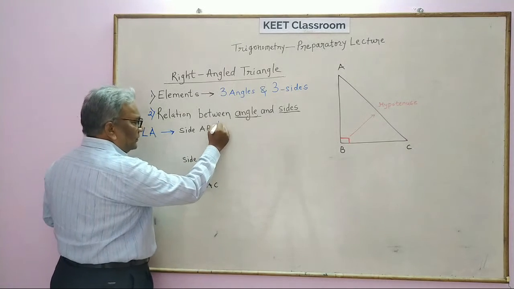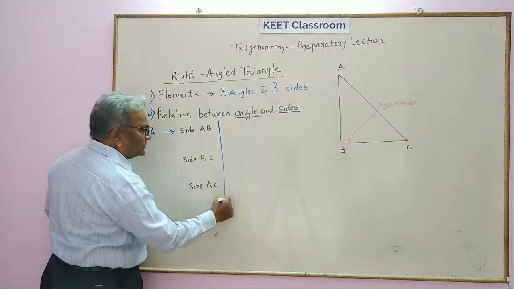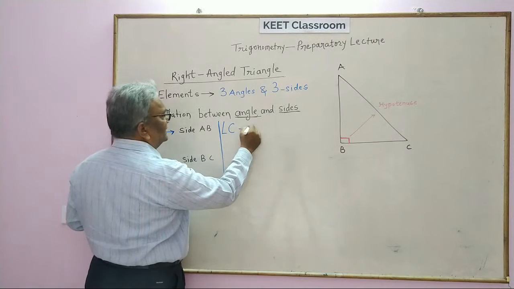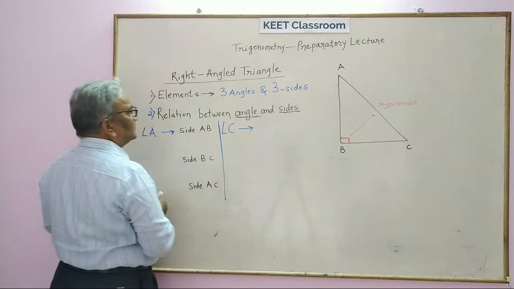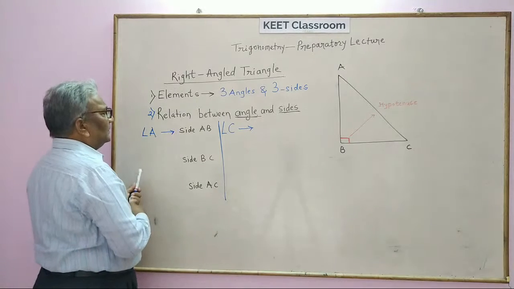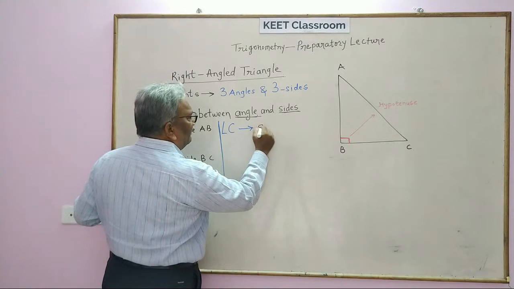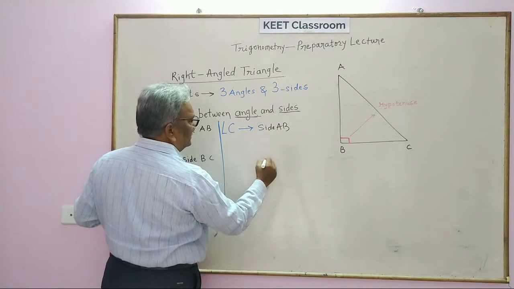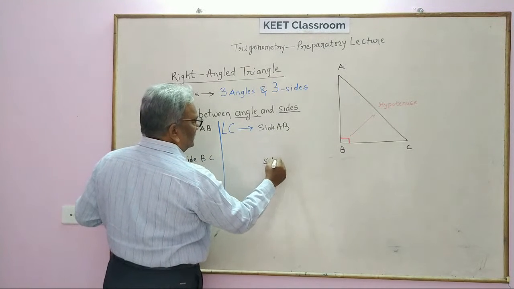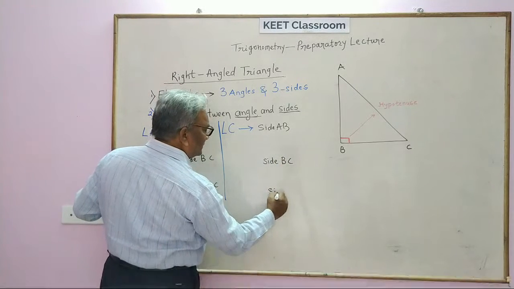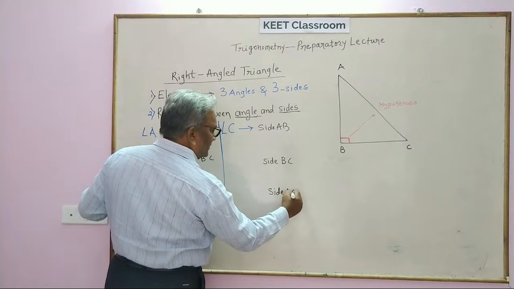Similarly, we shall try to see the relation between angle C and the sides. So we have here side AB, side BC and side AC.